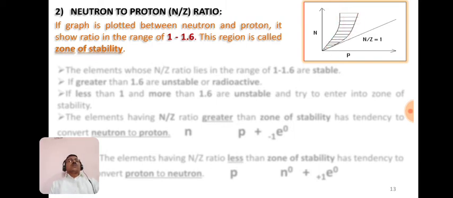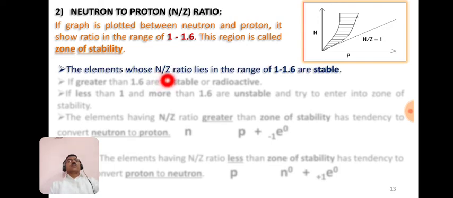The nuclei which lie in this zone of stability are found to be more stable. So the elements whose n by z ratio, meaning neutron to proton ratio, lies in the range of 1 to 1.6 are stable, and if their value is less than or greater than this zone of stability, those nuclei or elements are found to be unstable or less stable.